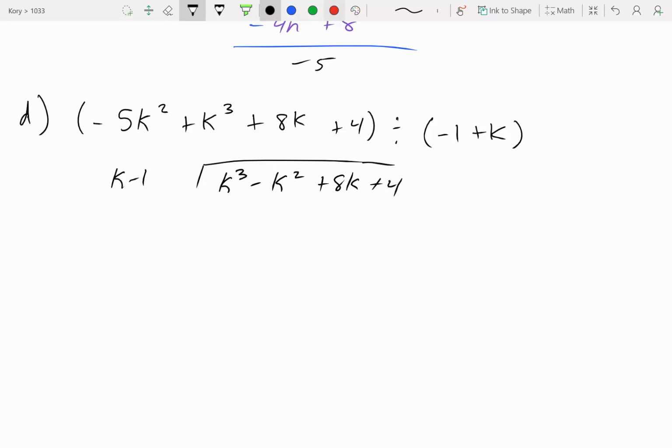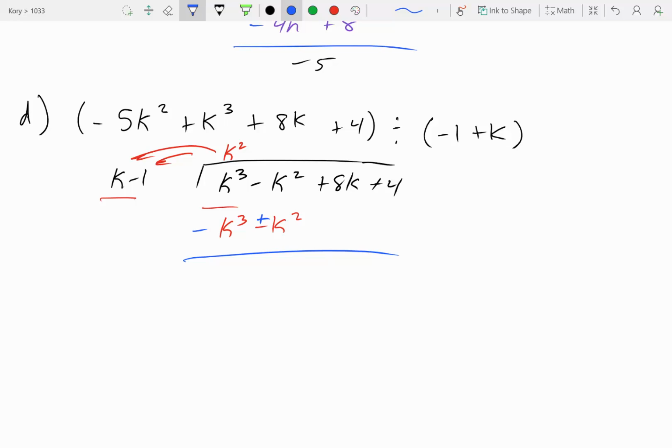So now we want to repeat our process. How do we make k be k cubed multiplied by k squared? So we have k squared times k is k cubed. K squared times negative 1 is negative k squared. We're going to change the signs and add. So positive becomes negative, negative becomes positive. We add the columns, so k cubed cancels out, and k squared cancels out.